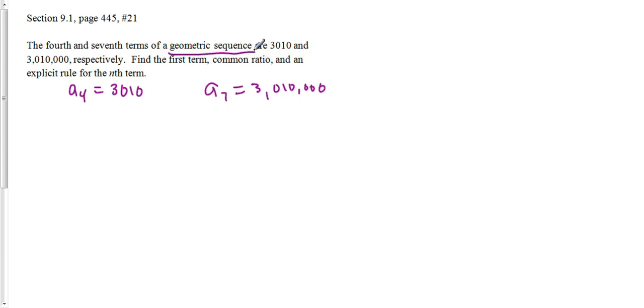A geometric sequence has to follow specific rules, as you read about and as we will talk about later in this lesson. The most important rule is that an is equal to an minus 1 times r. A geometric sequence is a recursively defined sequence. The nth term depends on the term before it.